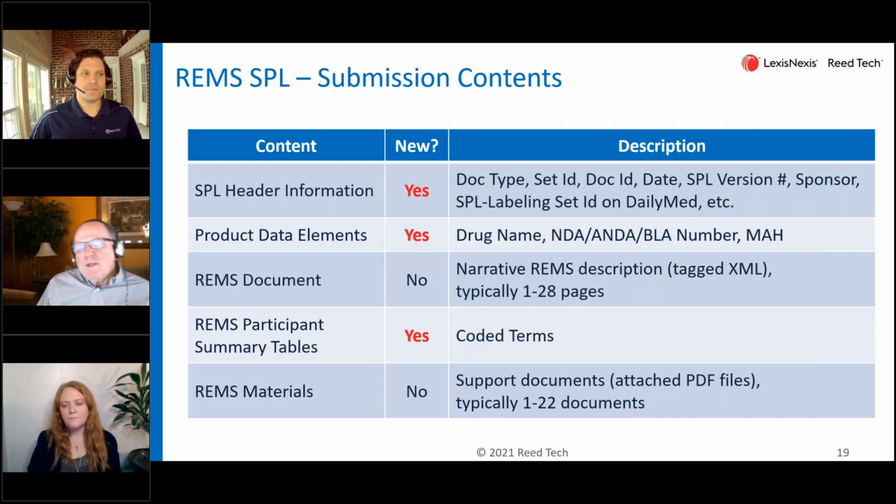What we have now is, for the most part, the owners and sponsors of REMS have migrated into a structured 2017 template. And that is probably 70% of the load of migrating into that organized fashion. And then the participant summary section, those requirements have additional coding.